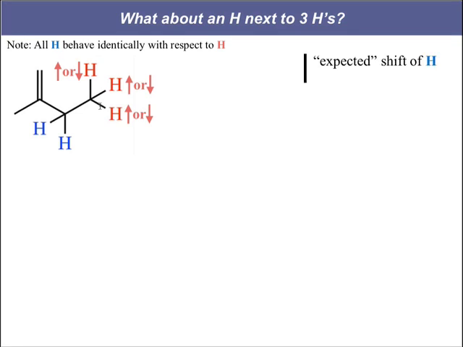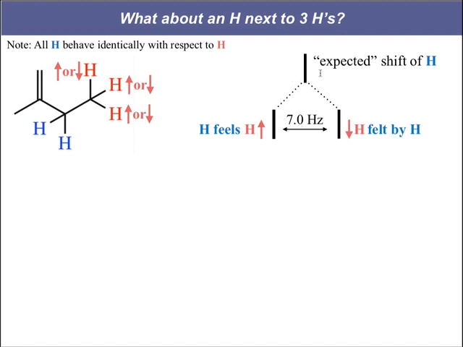So here's the expected shift of our blue H. Let's say that H feels a neighbor in the up orientation. That's going to reinforce the magnetic field and shift our signal downfield. We could also feel that neighbor down, which means that it's going to cancel out some of the magnetic field and it's going to shift us upfield from where we might expect.